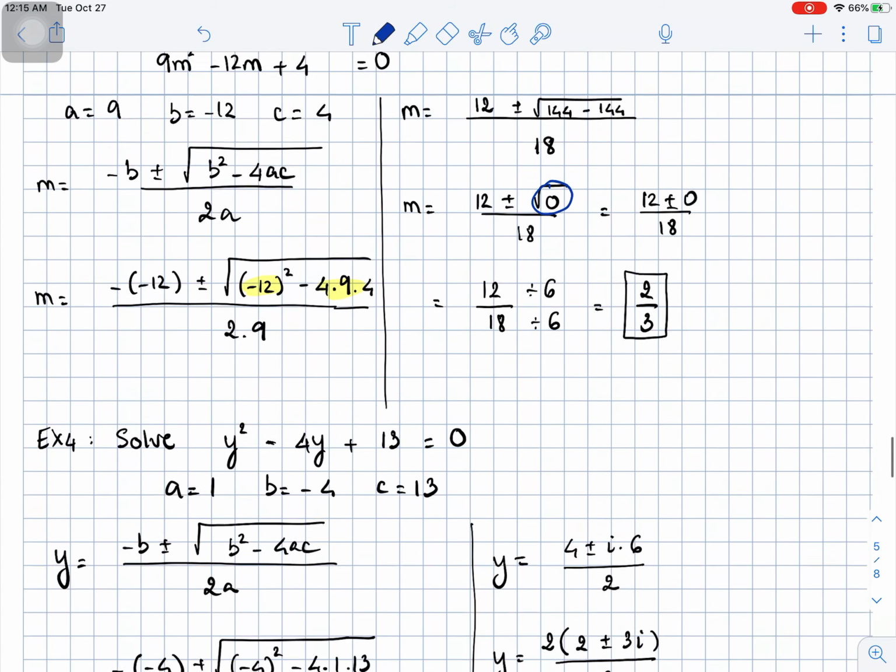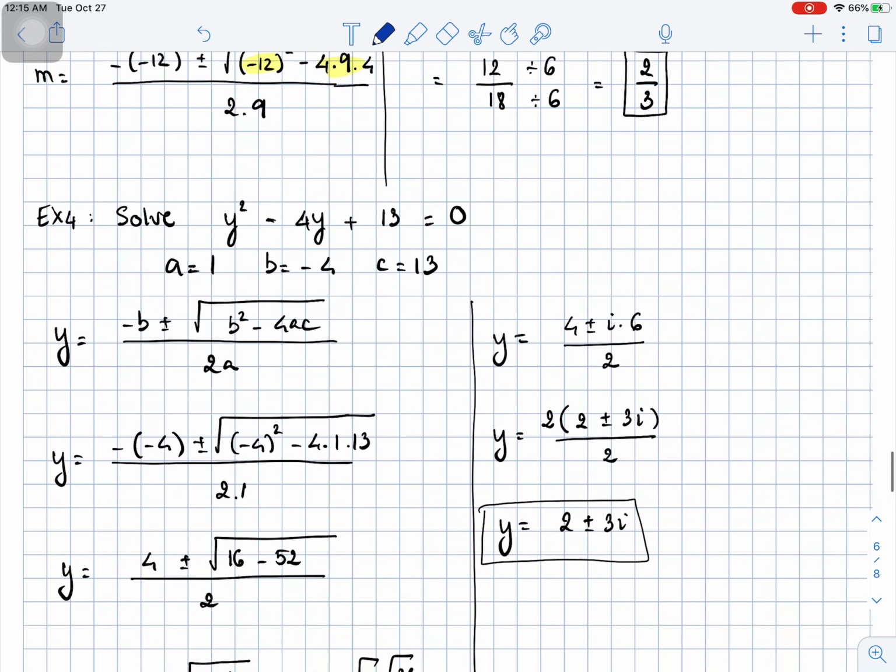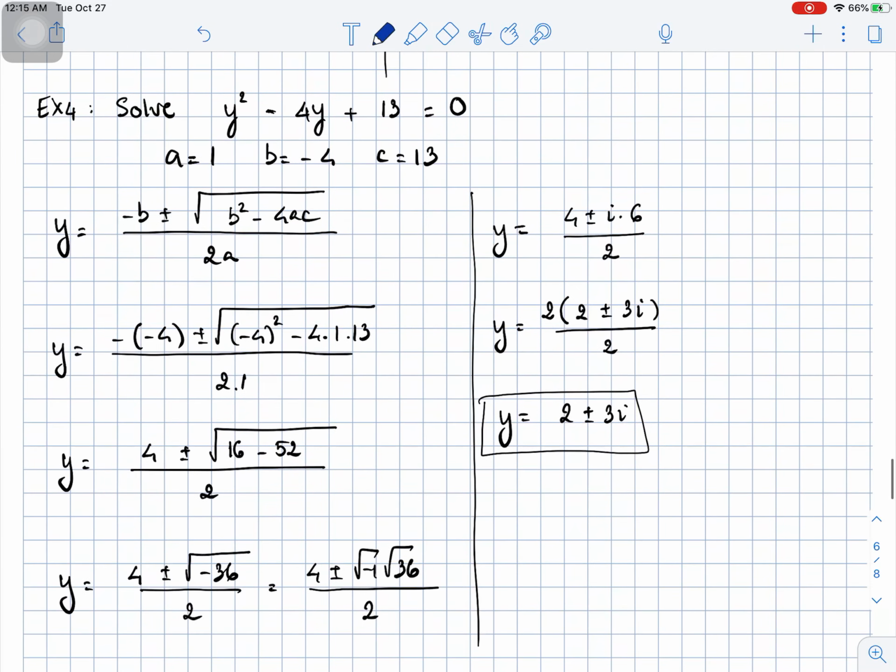So we got two answers, and the two answers are irrational numbers. In example number 3, we have the answer 2 over 3, and that is rational, but in this problem we only have 1 answer. So we look at the square root. We got the square root of 0.